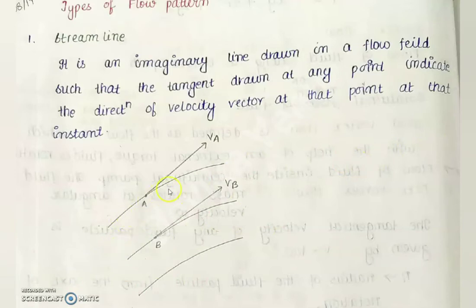So we are drawing the imaginary lines along the flow direction, and if you have to find out the direction of velocity at a particular point, suppose it is A, you draw a tangent which will give you the direction of velocity at that point or at that instant. Suppose if you want to find the velocity at this point, what should we do? You just draw a tangent here, which will give you the direction of velocity at that particular point.